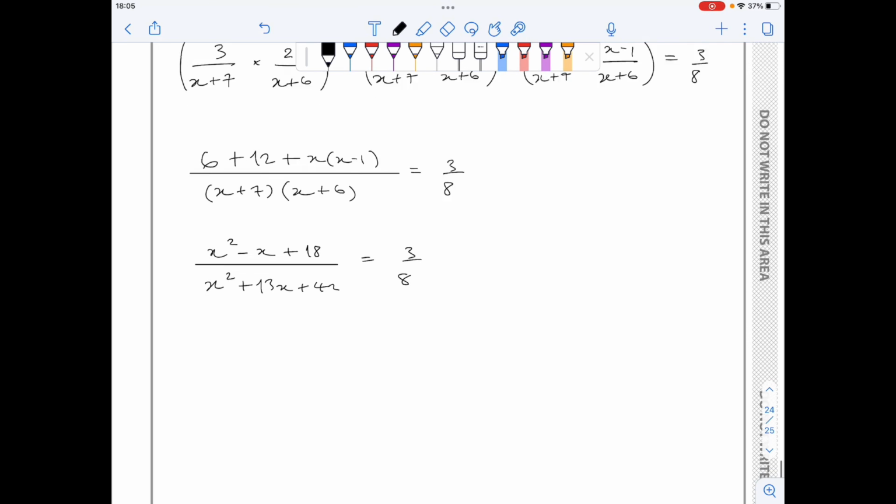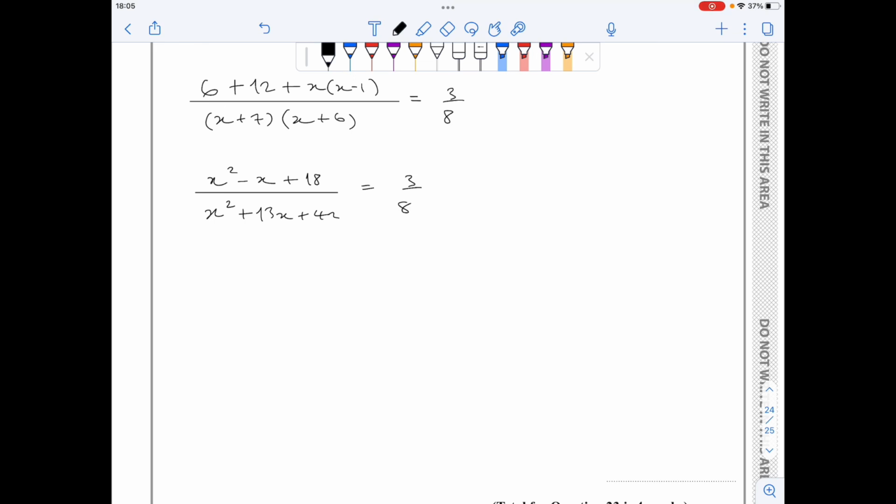So now let's cross multiply. 8x squared minus 8x plus 144 is equal to 3x squared plus 39x plus 126.